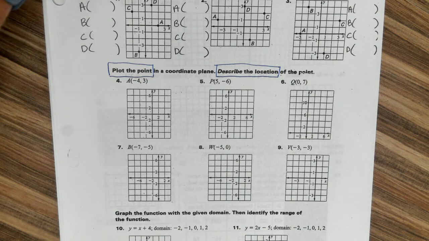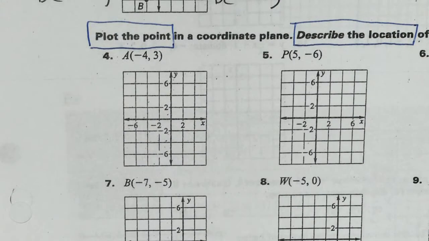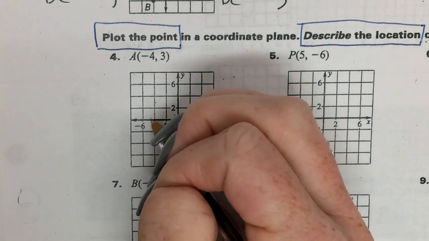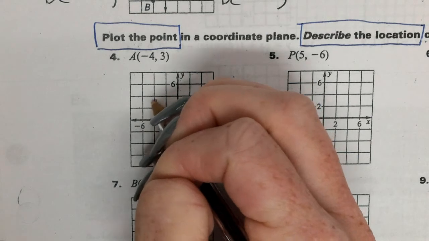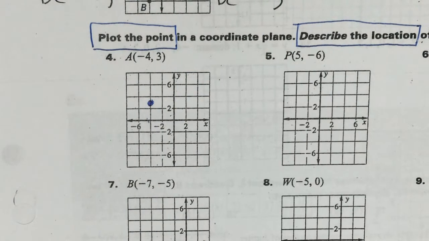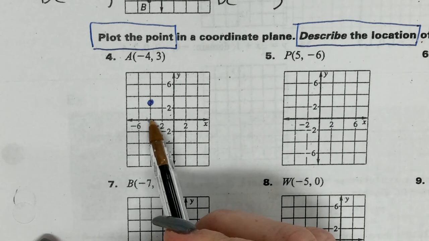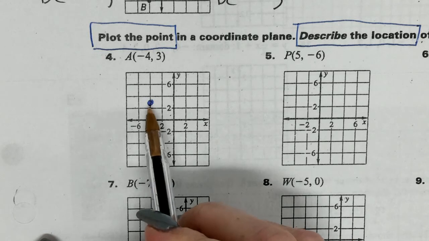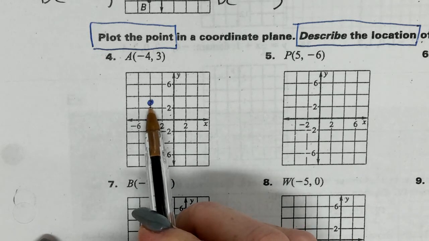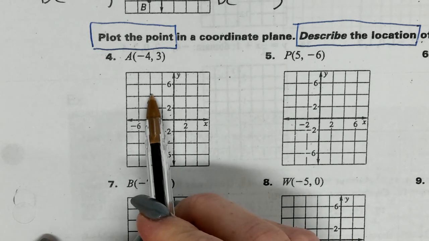So let's do number 4 so y'all make sure you understand. I would plot the point. Notice that the y is 3 and it's counting by 2, so look at where I had to put it. So my x is here at -4, yes. If I go up 2, where would 3 be? In between 2 and 4.